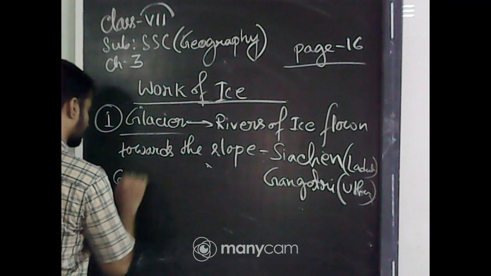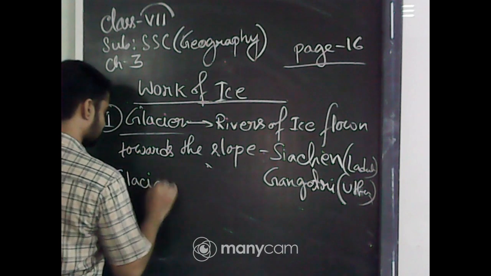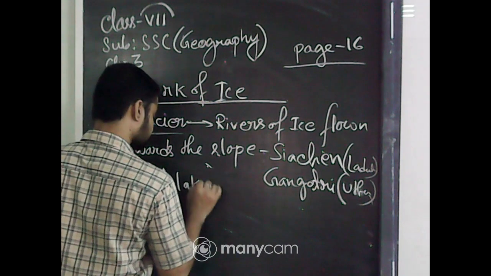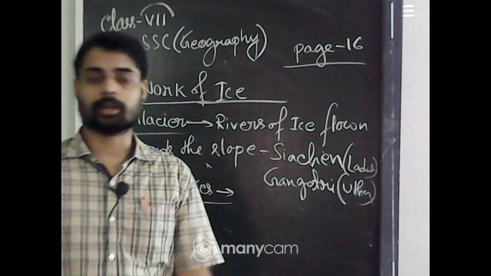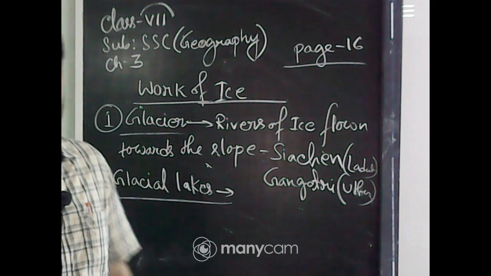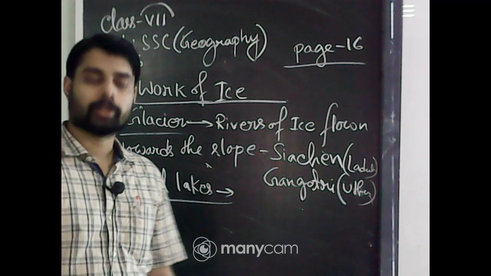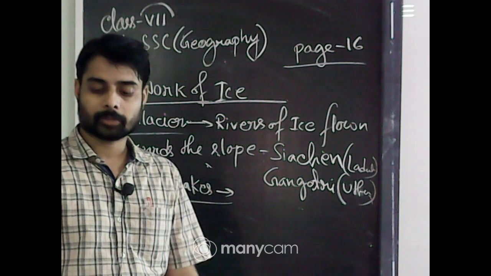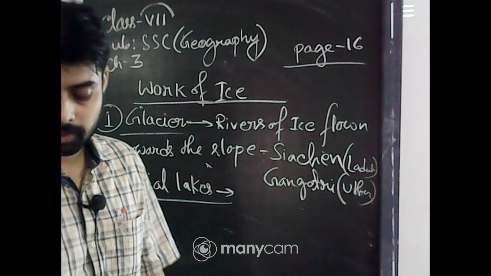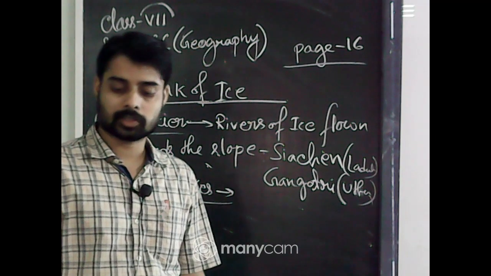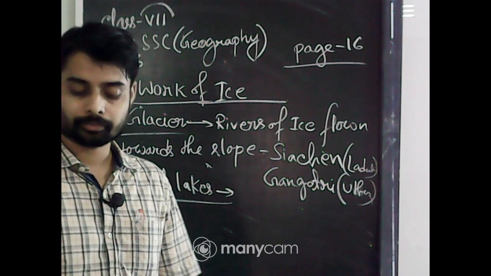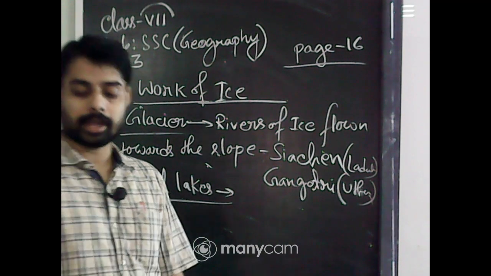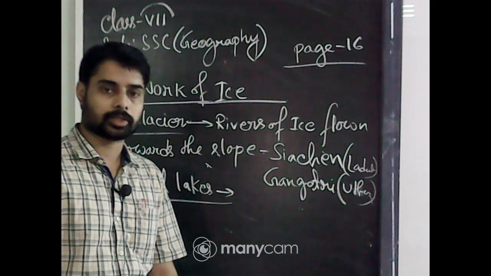Number 2, glacial lakes. This type of lake is created by the erosion of glaciers. Glaciers carve out deep hollows between the mountains, and those regions fill up with ice-melted water and become beautiful lakes in the mountains.